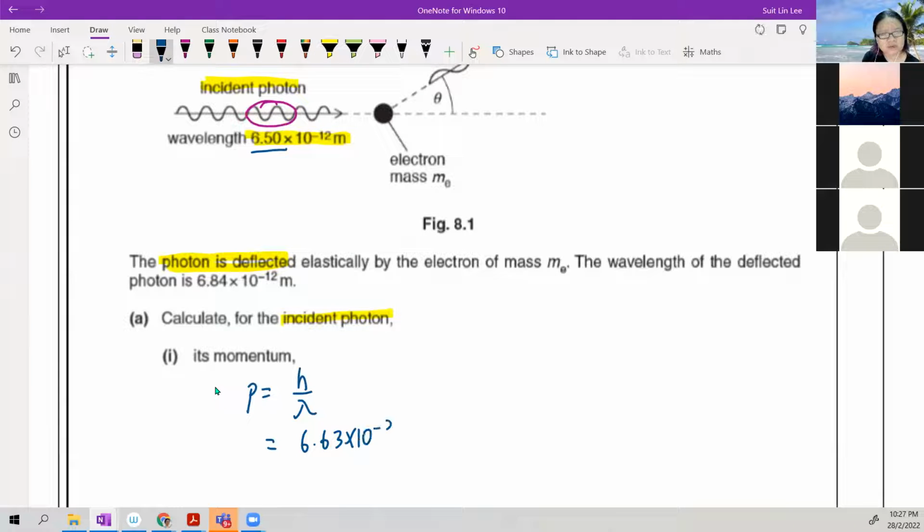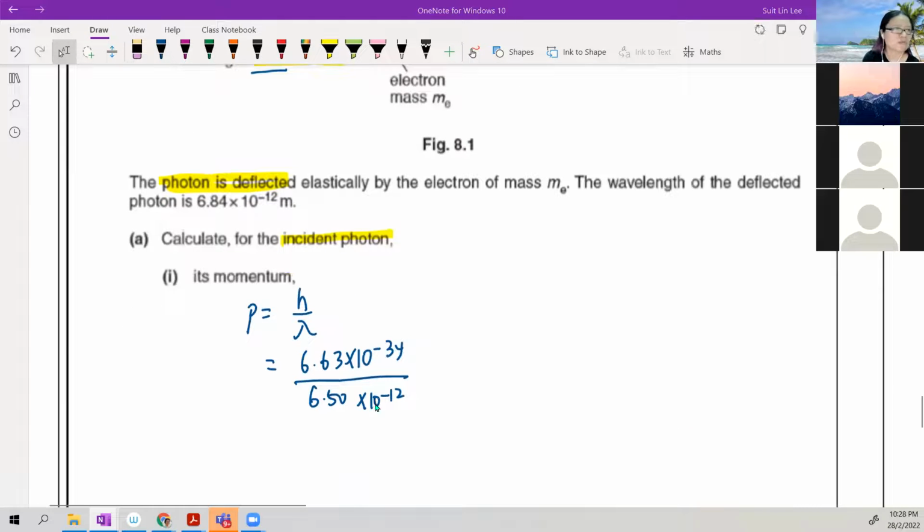6.63 times 10 to the power -34, and we have lambda 6.50 times 10 to the power -12. So let's substitute. You will look at this one: you see all their answers are 3SF, so your answer should also be that.